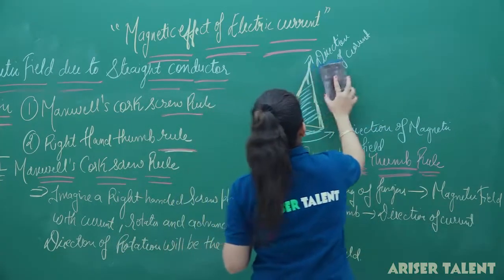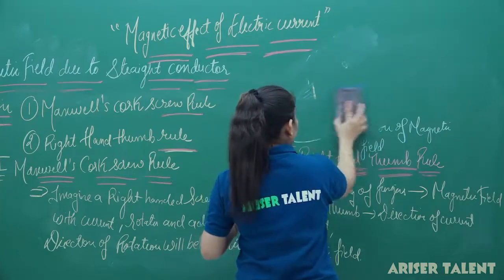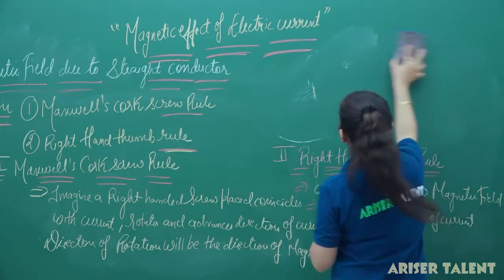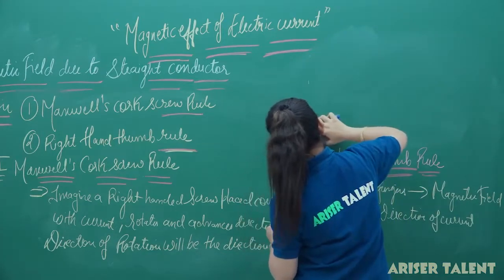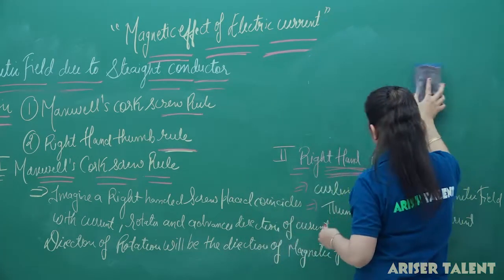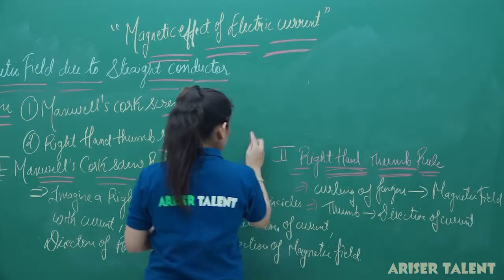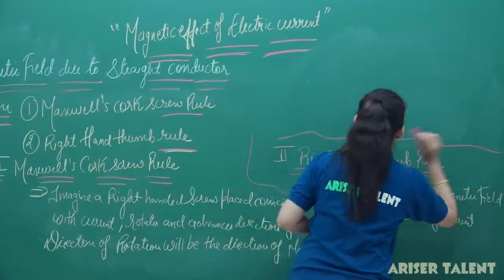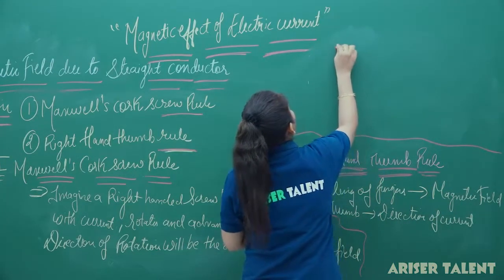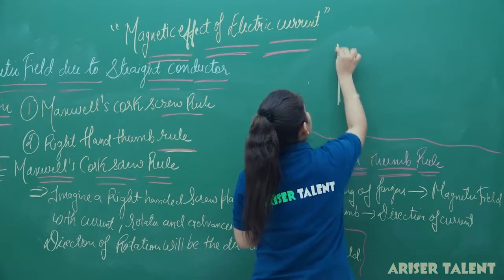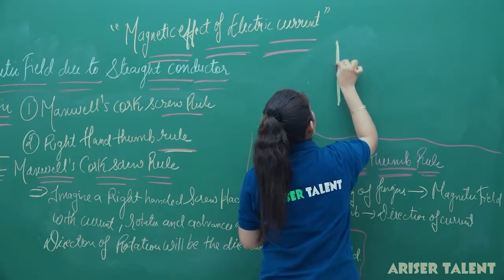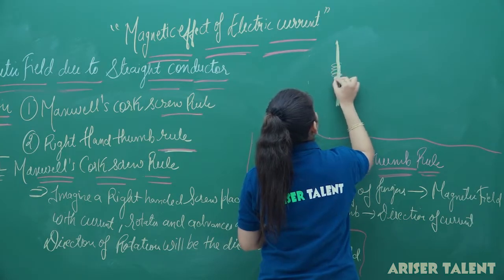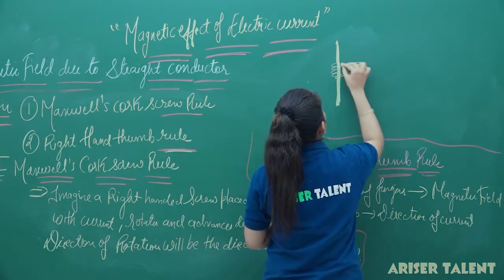So I am just removing this part so I can draw the right hand thumb rule here. Now, if I draw the current carrying conductor like this, this is our current carrying conductor and we are just holding it with our right hand.